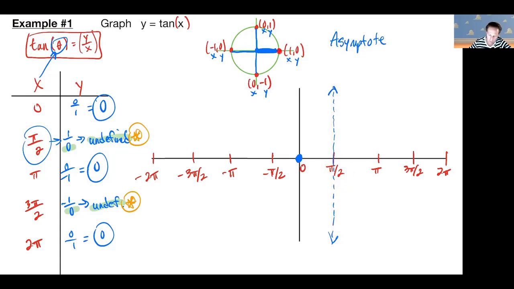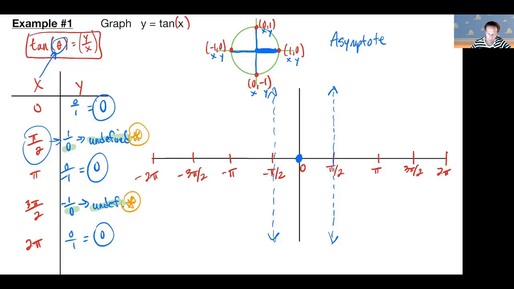And so we know if we were to start and go back pi over 2, whether we're here or there, we know that that y over x would still have that 0 in the denominator. So we're going to have another dashed line there as well. And if you can start to see that pattern, any odd pi over 2, 1 pi over 2, 3 pi over 2, 5 pi over 2, 7, or even going backwards negatively, negative pi over 2, negative 3 pi over 2, negative 5 pi over 2, and so on.